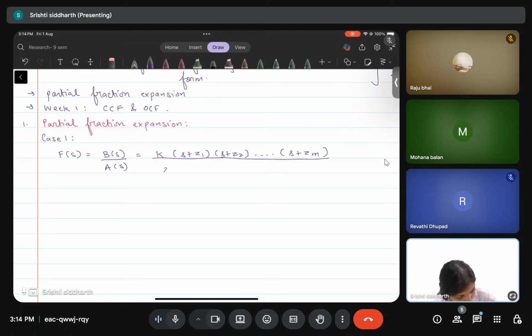And then we have poles at p1 till pn, so the denominator is (s plus p1) till (s plus pn).